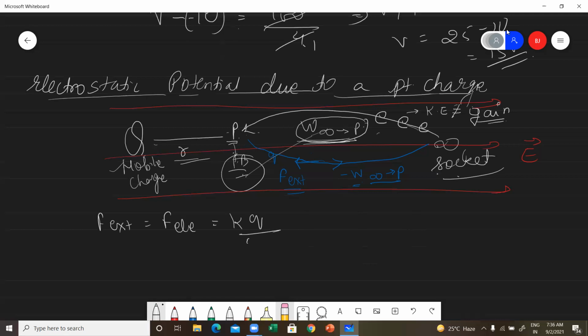And R is how much? From here to here. Suppose I have taken the distance x, and this is my dx. So the force will be K Q upon x square. Any doubt, beta?